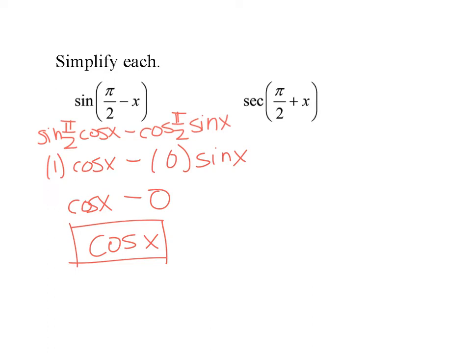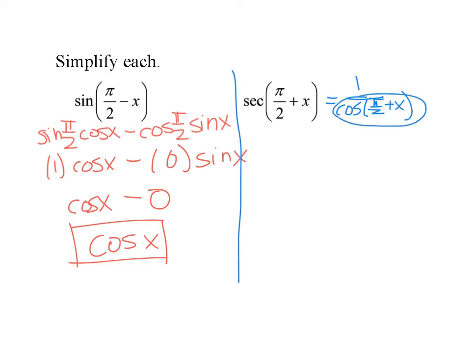Then if we do secant, remember, that's a reciprocal, so this is equal to 1 over cosine of pi over 2 plus x. So I'm going to find that cosine using the cosine addition identity: cosine, cosine, sine, sine. Then simplify.